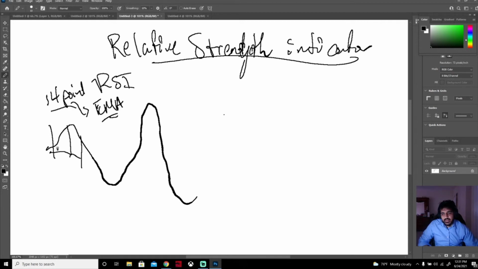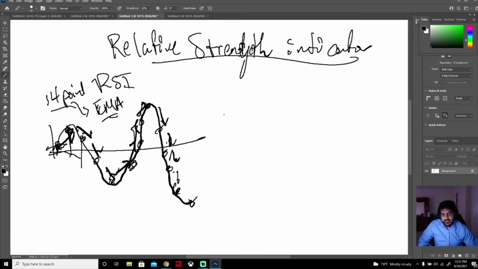What you do is you cut it in half, and you see how many movements from those 14 points were positive movements and how many of them were negative movements. So we have one positive movement here, a negative movement here, negative movement here, negative movement here, positive movement here, positive movement here, positive movement here, positive movement here, negative, negative, negative, negative.